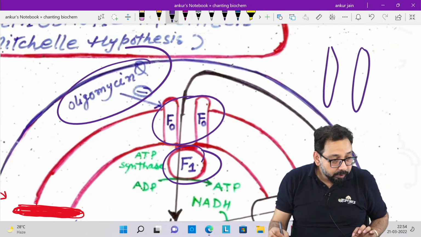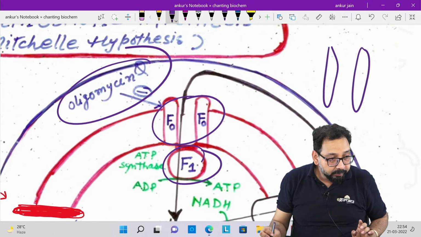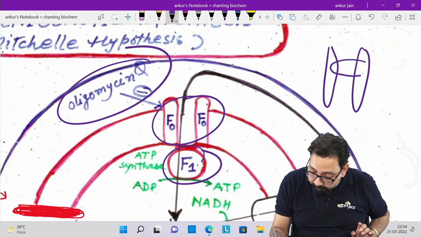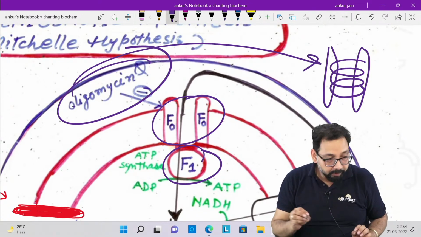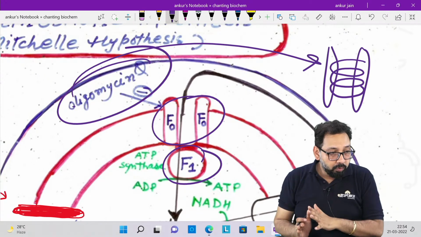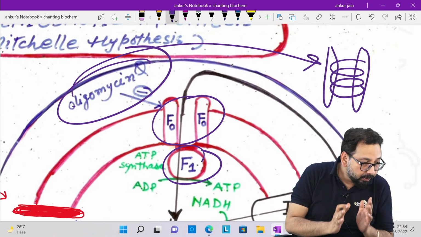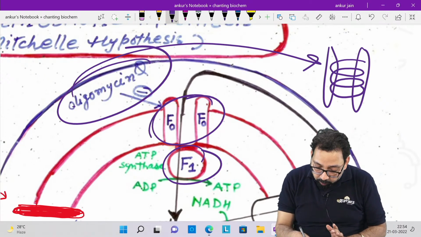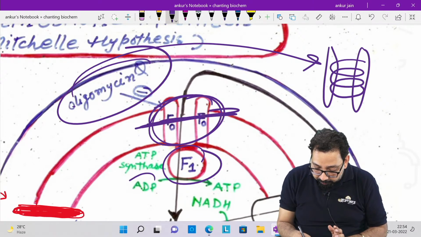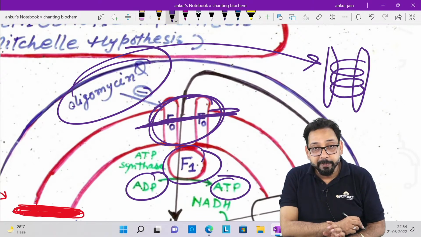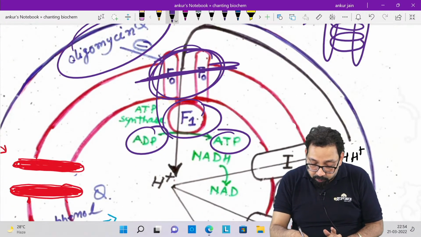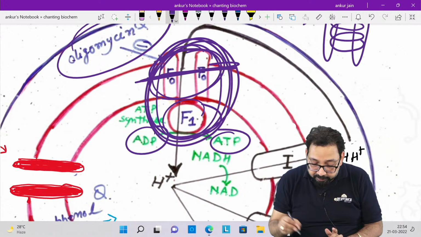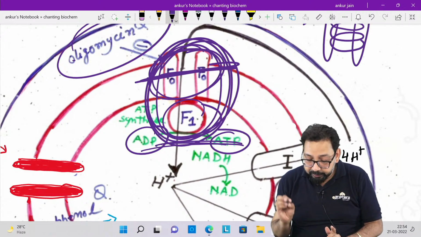F0 was ligated. Mnemonic: oligo, O is ligated. So what got blocked? This got blocked, so ADP to ATP got blocked. Yes, if F0 is inhibited, this is complex 5, it is inhibited, so phosphorylation is inhibited.